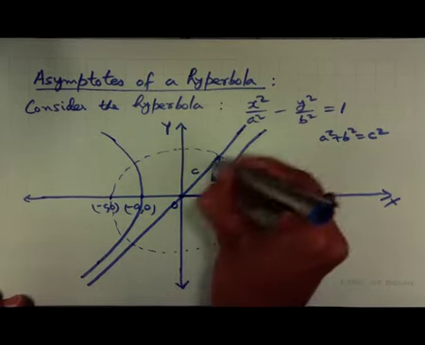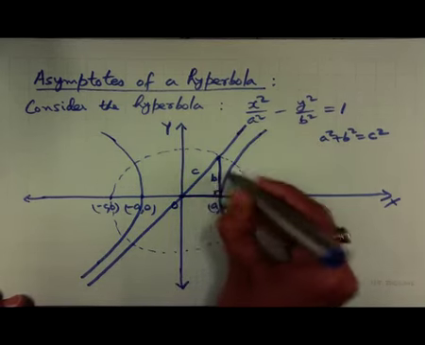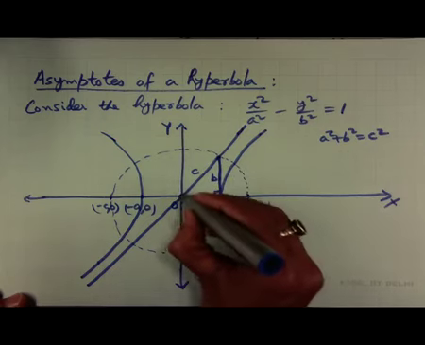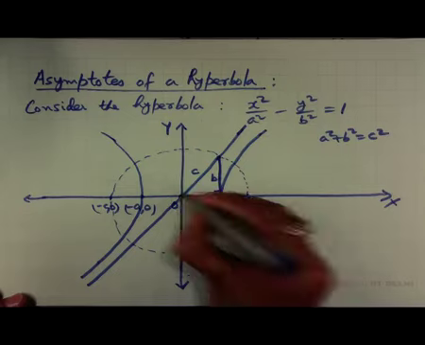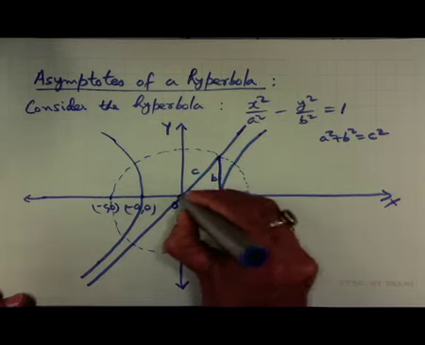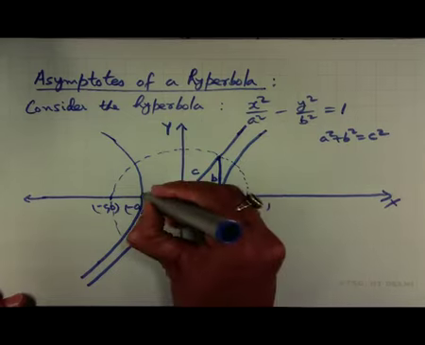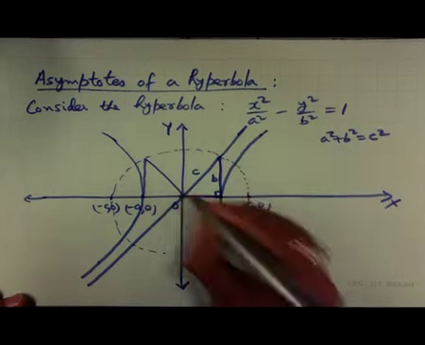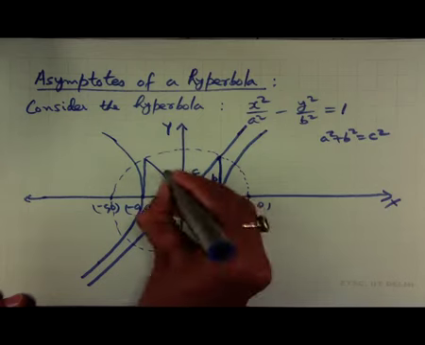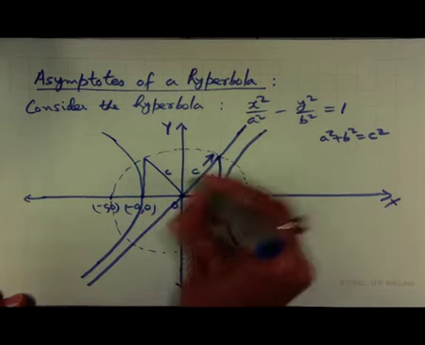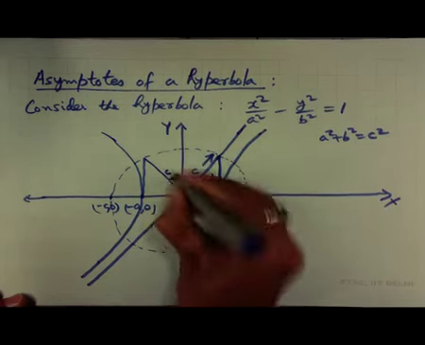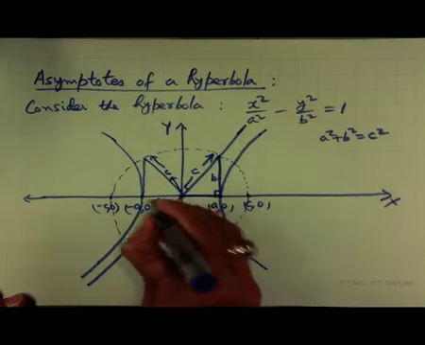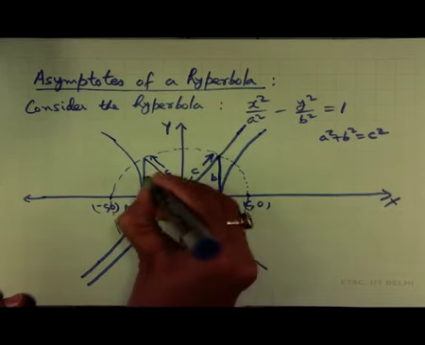So, this is the straight line whose slope is b by a, and we can look at another straight line whose slope is minus b by a. So, if I do the same thing here, I have again this length is c, and this is a, therefore, this will be b.